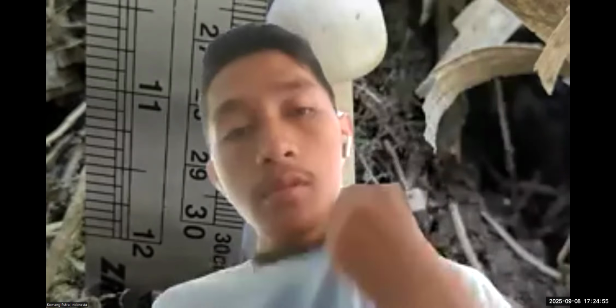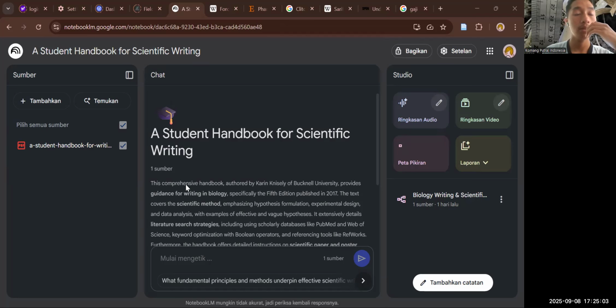Okay, well, today I have one thing that I got some sources about Notebook LLM. It's powered by Google.